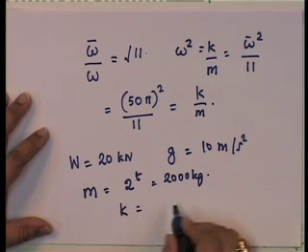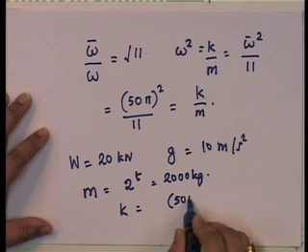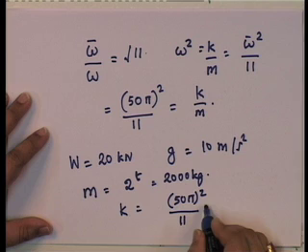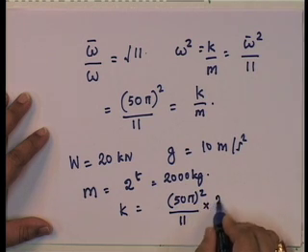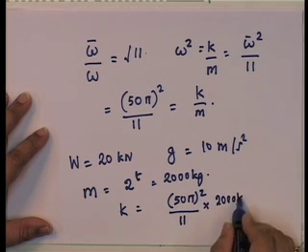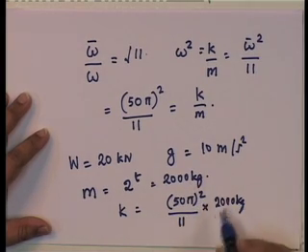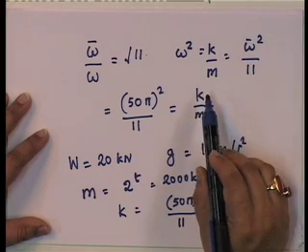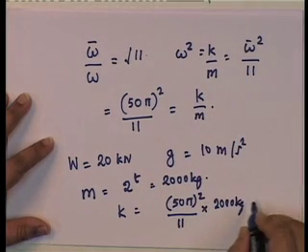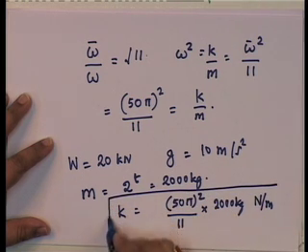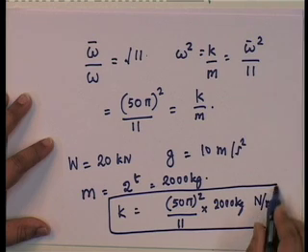Then k becomes equal to 50 pi squared upon 11 into 2000, and the units of this, since this is kg and these are radians per second, this becomes Newton per meter. That is my k value.